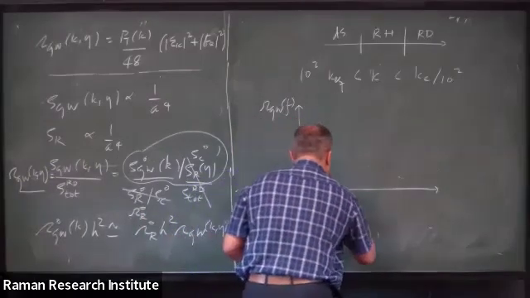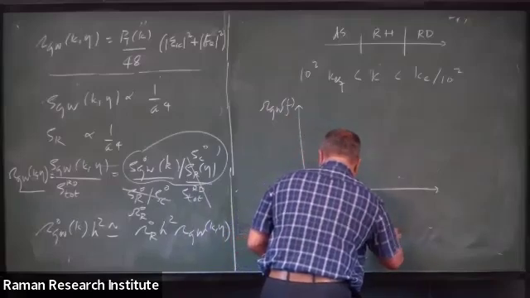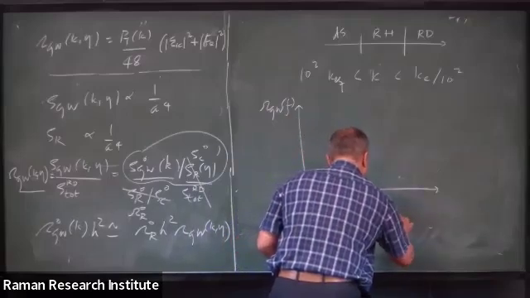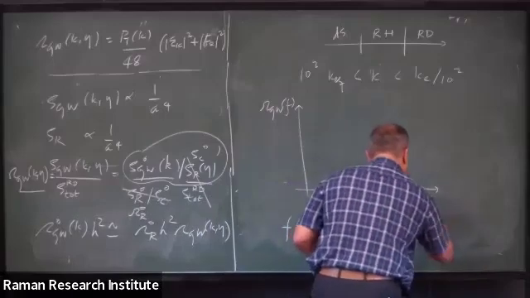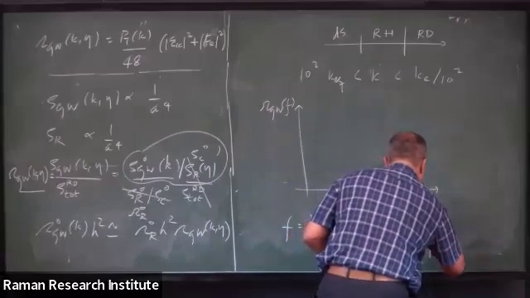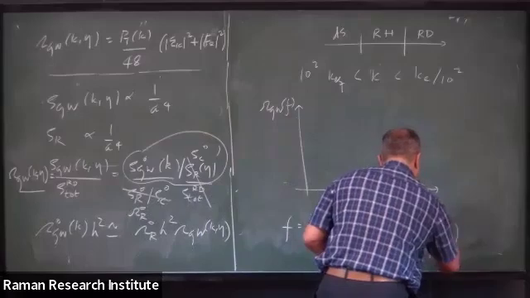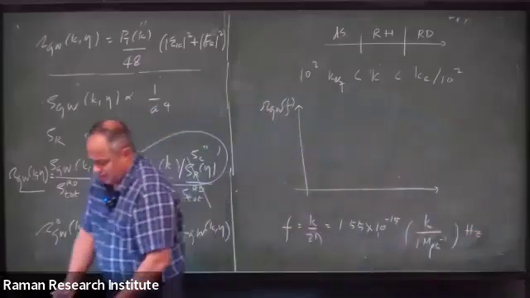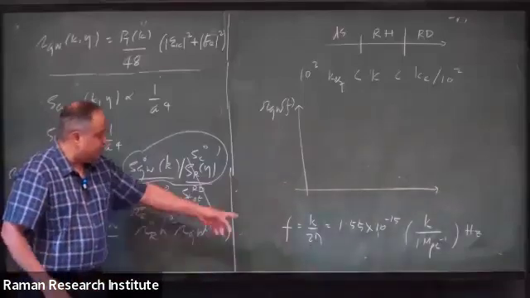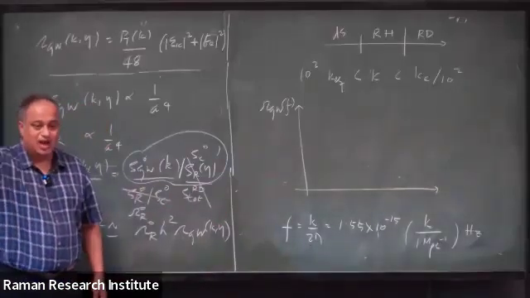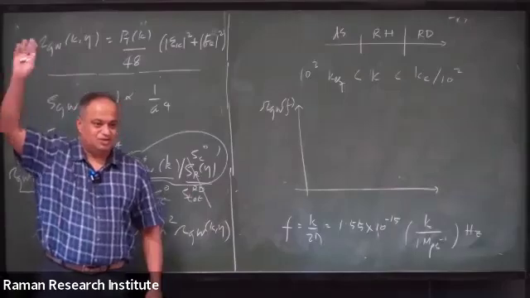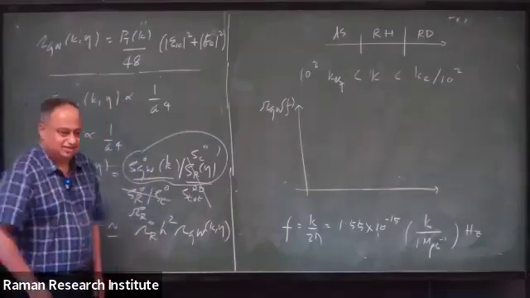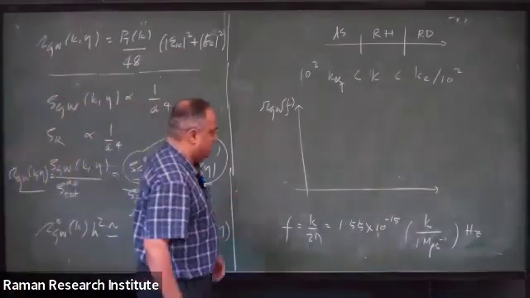You can show that this is 1.55 into 10 power minus 15 K by 1 megaparsec inverse Hertz. Okay. If K is 1 megaparsec inverse, it's about 10 power minus 15 Hertz. 1 megaparsec inverse is close to CMB scales. Okay. That's 10 power minus 15 Hertz.